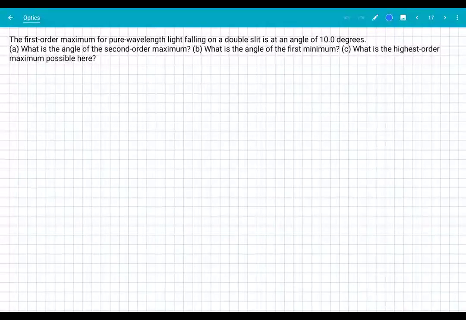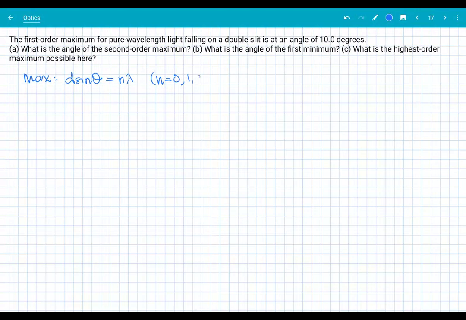So when it comes to these maxes, remember what governs these maxes is d sine theta equals m lambda, where we have an integer for n, for m. I guess I'm calling this m. So n is equal to 0, 1, 2, etc. for my maxima.